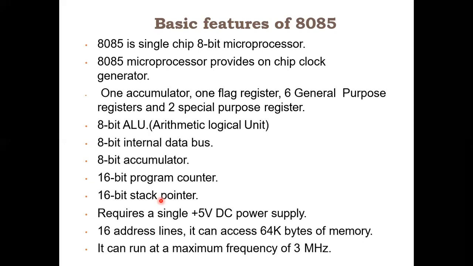It requires a plus 5 volt DC power supply and has 16 address lines. It can access 64 kilobytes of memory. It can run at a maximum frequency of 3 megahertz.